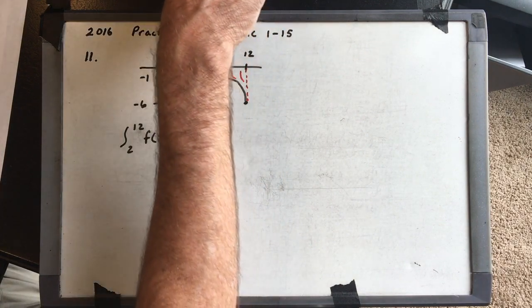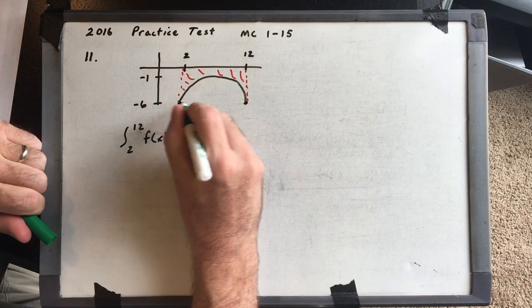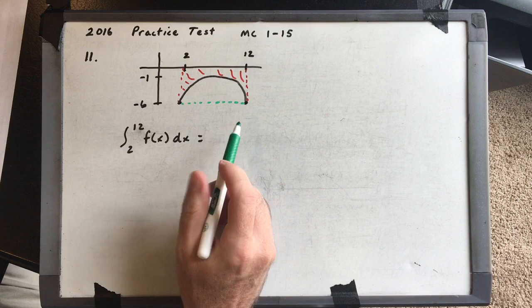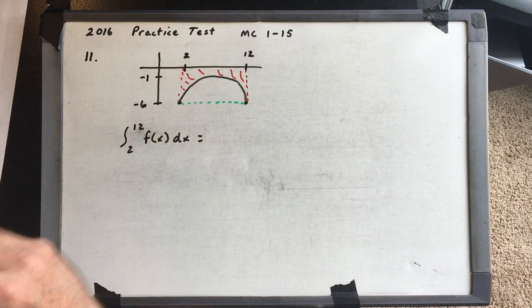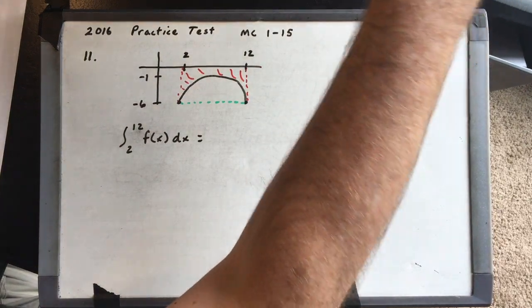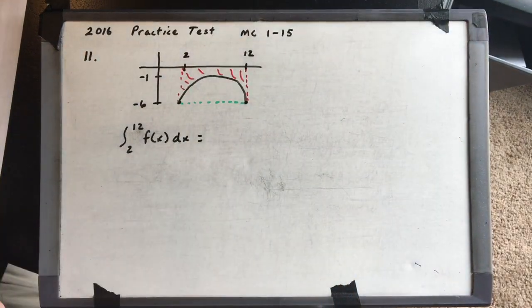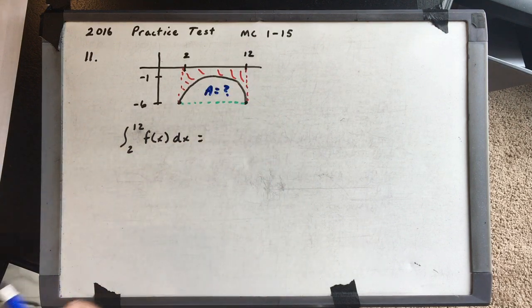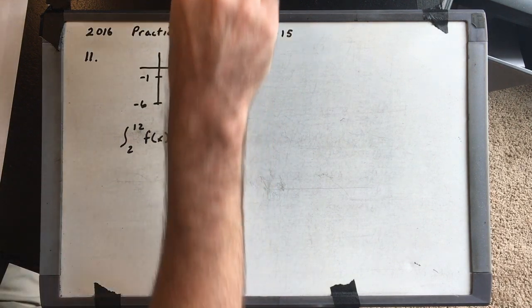So what we've got to do then is subtract out the entire rectangle. So we're going to get the whole rectangle and then subtract out the area. So what is the area? Get a different color here. It's blue. What is this area here of the semicircle? We've got to subtract that out.